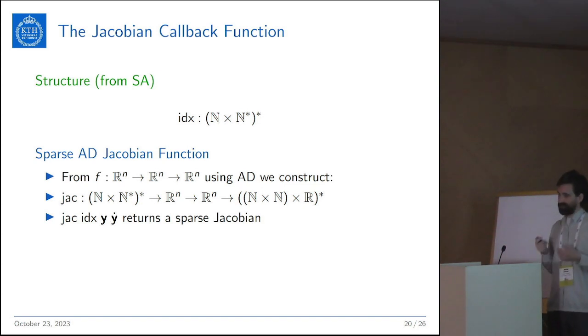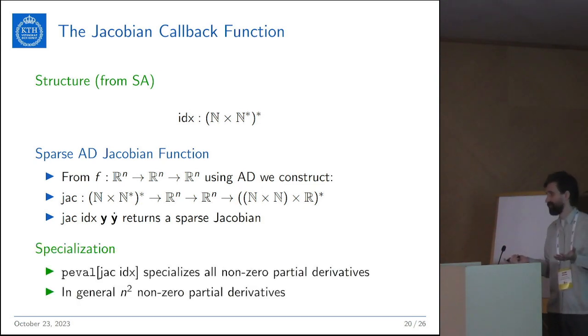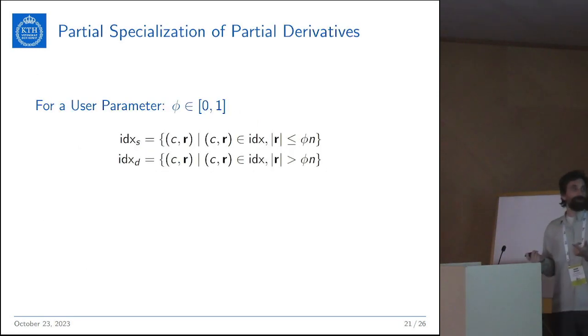We can then specialize all partial derivatives by applying our Peval transformation to this Jac function applied to this index sequence. But once again, specializing all partial derivatives might not be acceptable for very large n, as it will lead to a lot of expressions. So we instead propose to divide this index sequence into disjoint sets.